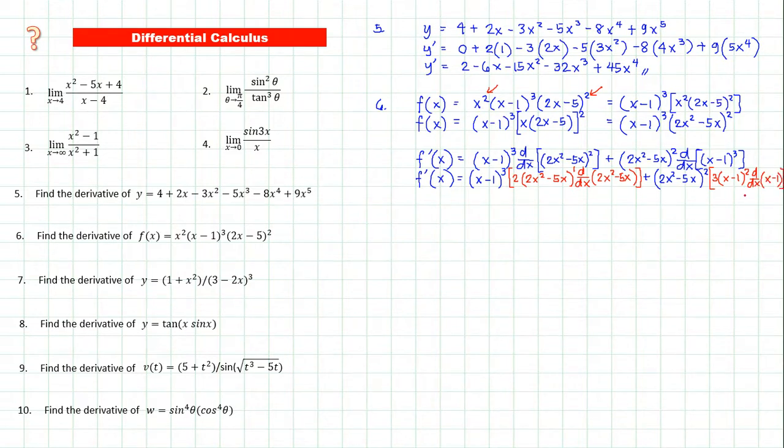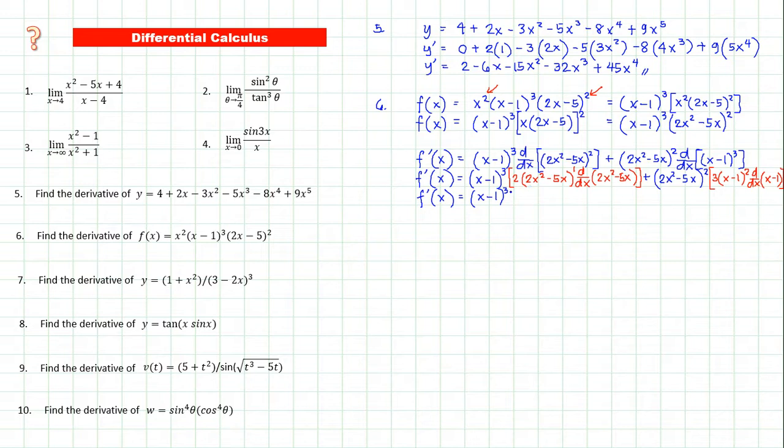Kung mapapansin ninyo guys, meron pa rin tayong derivative dun sa ating sinusolve. So, isusolve pa rin natin itong derivative na to. In this case, we have f prime of x equal to, kokopyahin ko lang muna to kasi na-solve na to. Ang gusto na lang natin i-solve, itong nasa derivative.